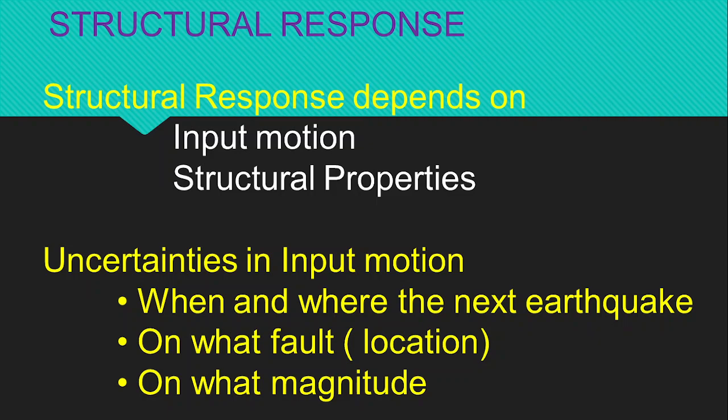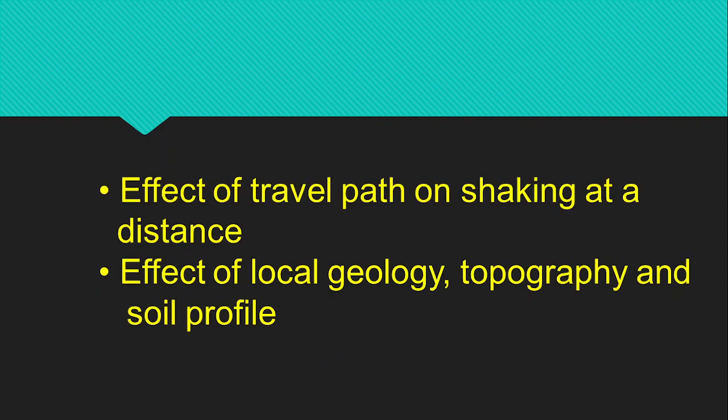On what fault or location, that again is an uncertainty, and on what magnitude, that again is an uncertainty. Effect of travel path on shaking at a distance, this again is an uncertainty. Effect of local geologic topography and soil profile are again uncertainties.